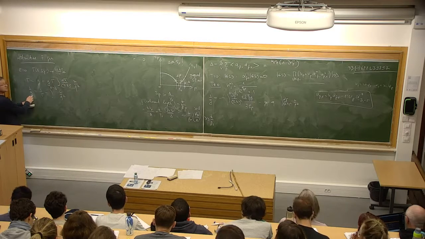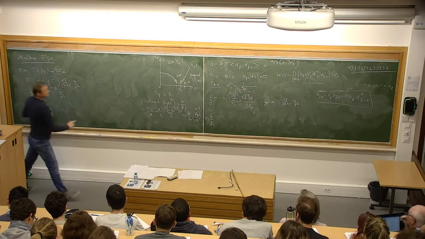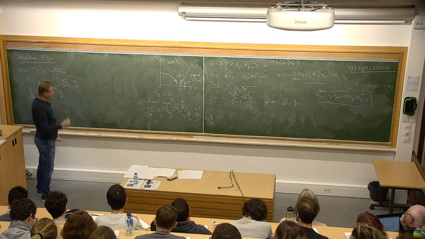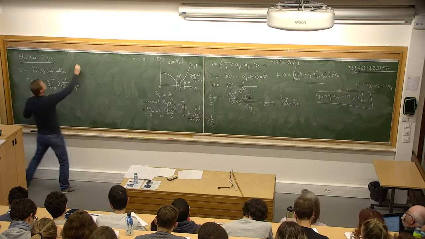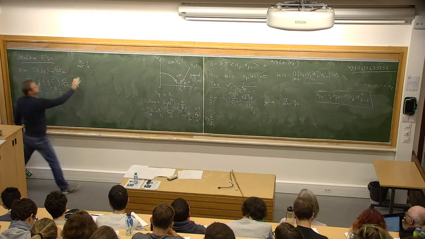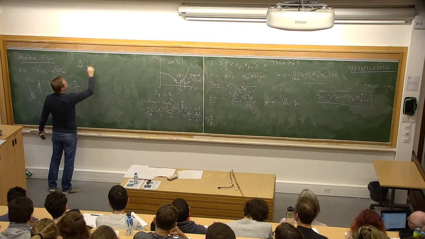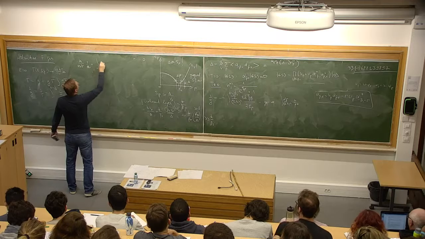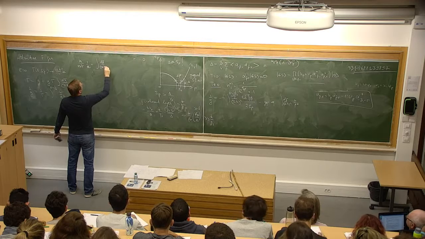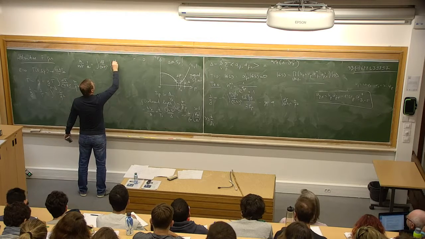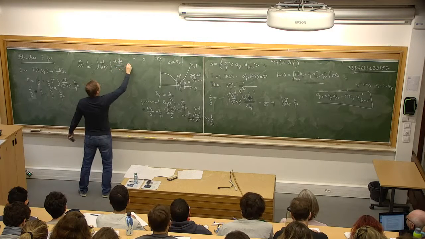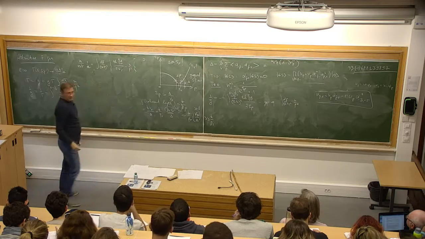But now if I put this in there and do some very simple manipulations, the equation which I get would be the following: 1 over gamma, which is m over 4 pi h bar squared times 1 over a, equals the integral dp over (2 pi h bar) cubed, and then we will have tangent hyperbolic of E_p over 2T divided by 2E_p minus m over p squared. And now this is convergent.